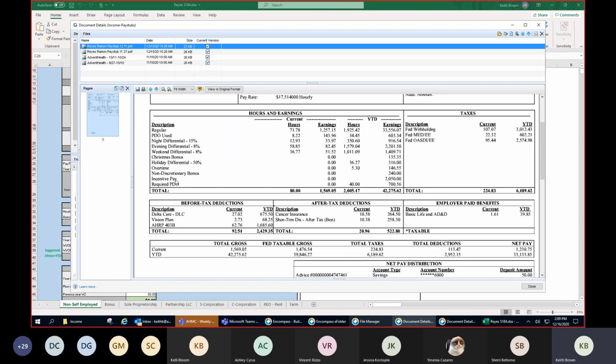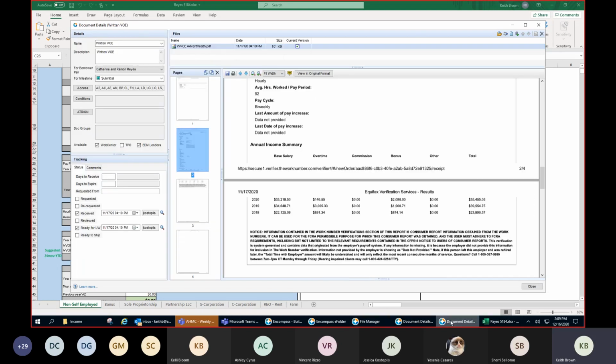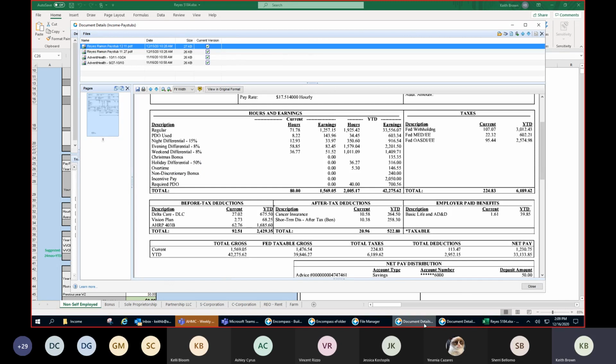Incentive pay is not. And actually, I found out that the incentive pay here matched what the VOE was calling bonus income, pretty much almost identical. If you look at the bonus, it was 2090, and then back year to date, and here on his pay stub, it was 2050. So I'm thinking that incentive pay was bonus, so we're not counting that in the year to date.